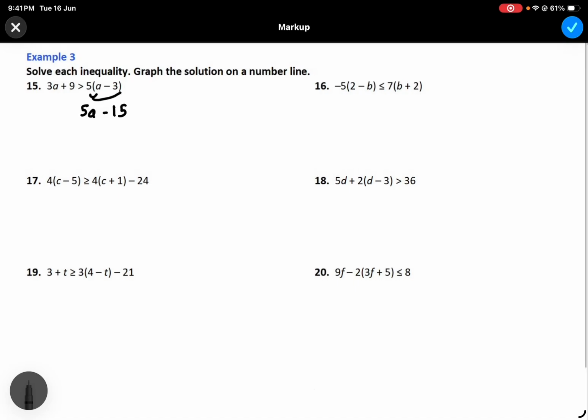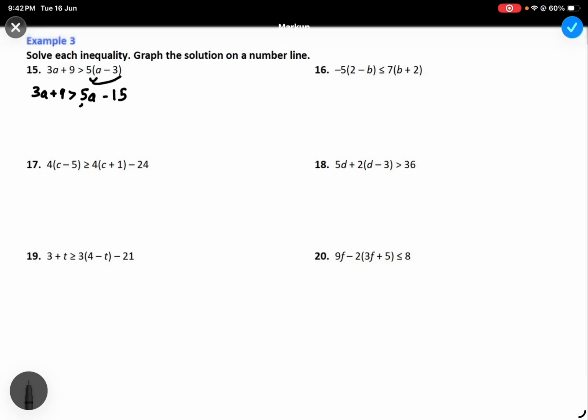The left side stays the same, so 3a plus 9 is greater than 5a minus 15. This is quite simple. You subtract 5a on both sides, and we get minus 2a plus 9 is greater than negative 15.